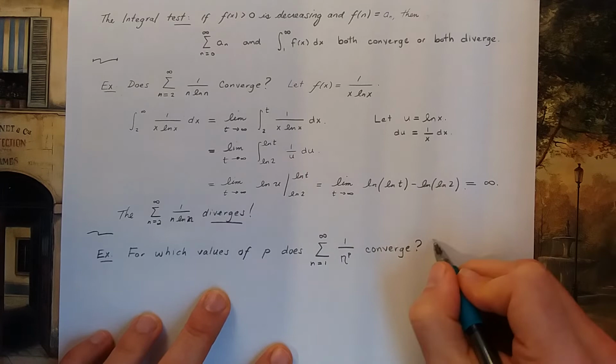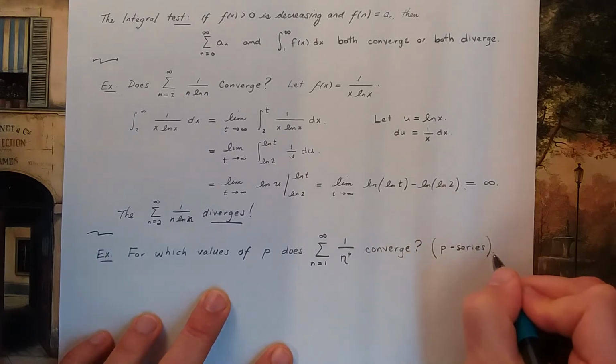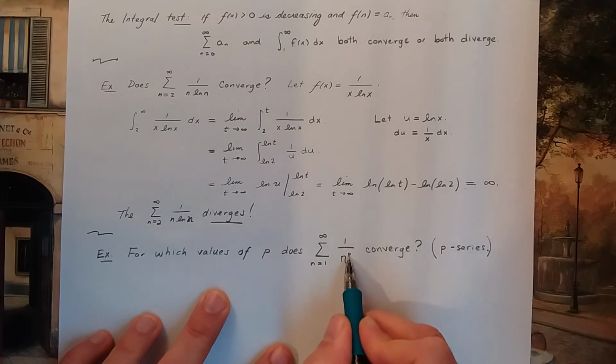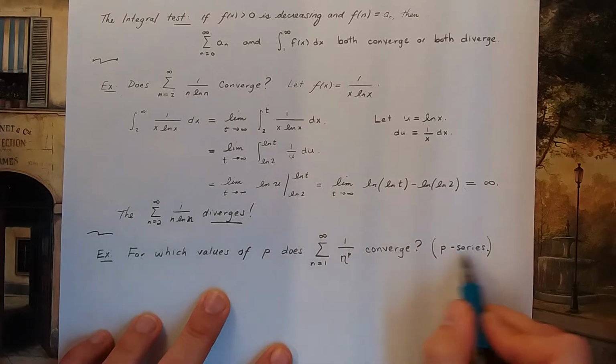This is known as a p series because somebody decided that they should put p as this exponent. So we call it as a shorthand p series.